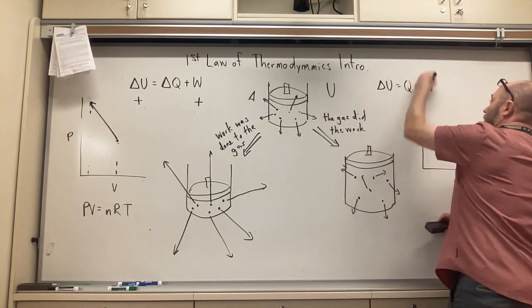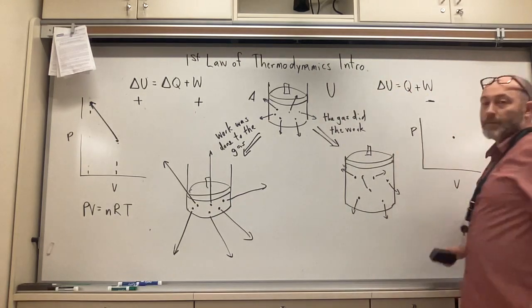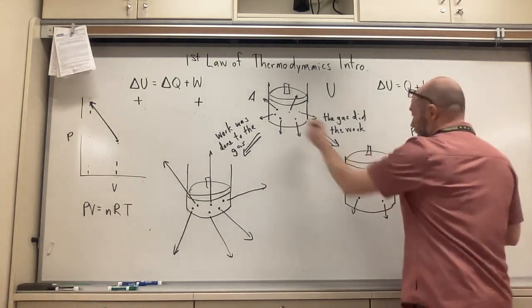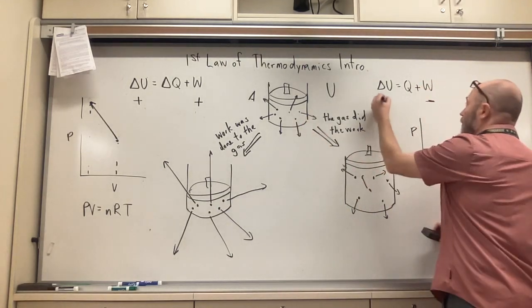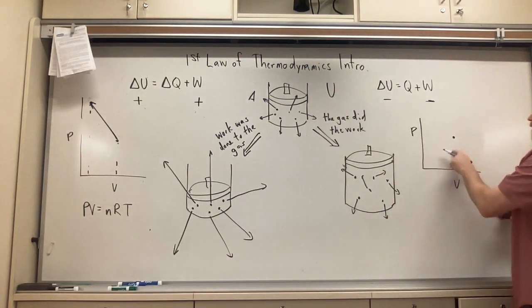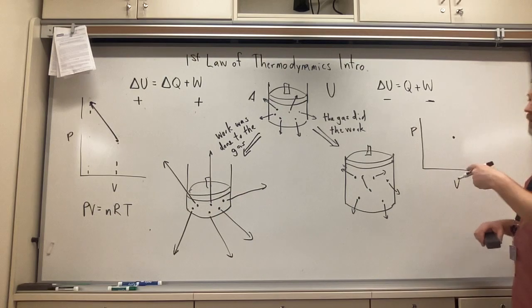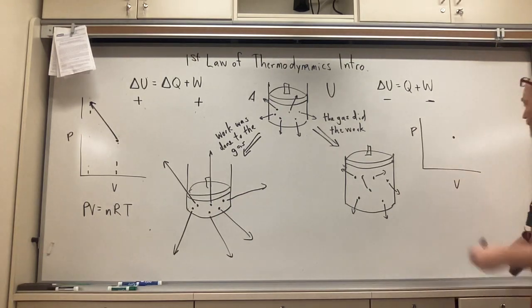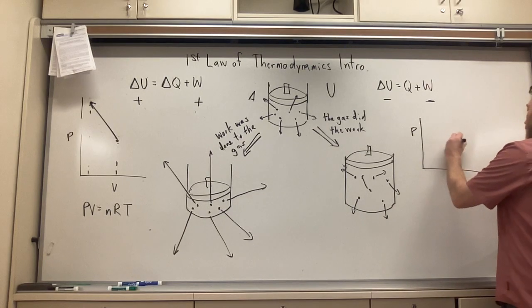And if the gas loses energy, that means there was negative work. We're going to say that the gas molecules are moving slower, so this is negative. Is that always going to happen? No, but you, again, could figure this out based on your PV diagram. And so let's say that this expands and this goes down to here.